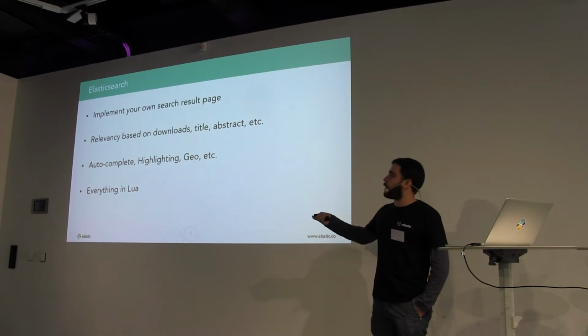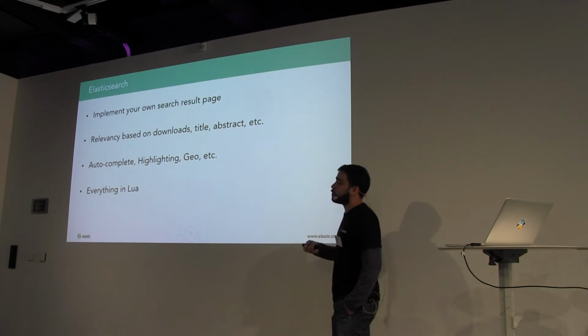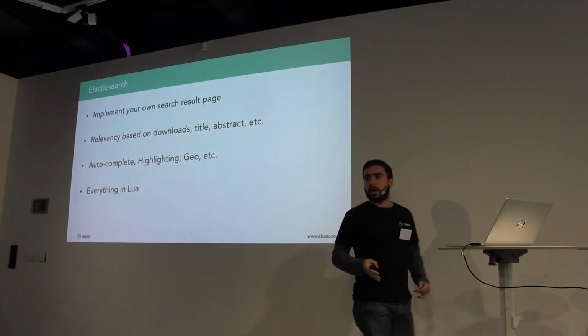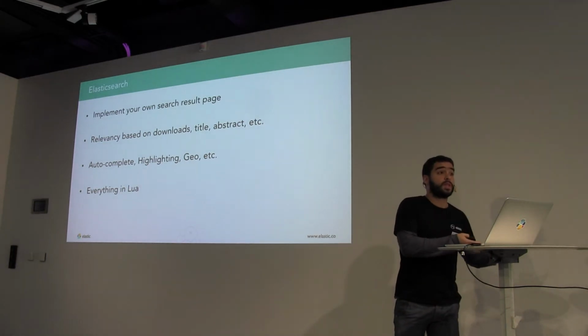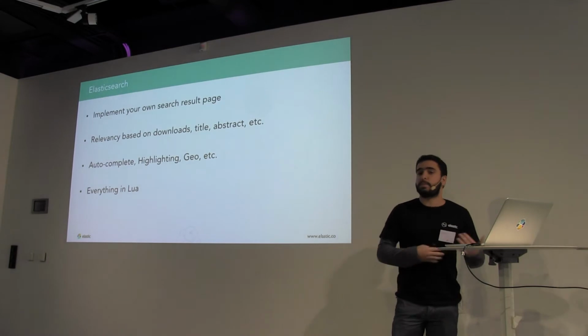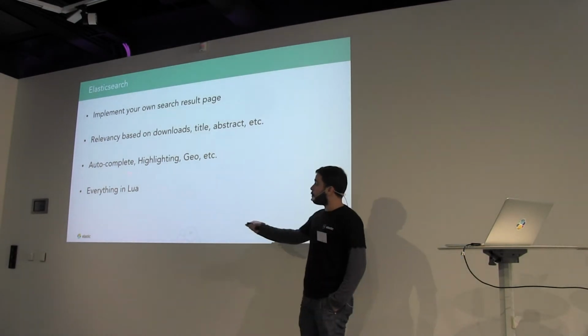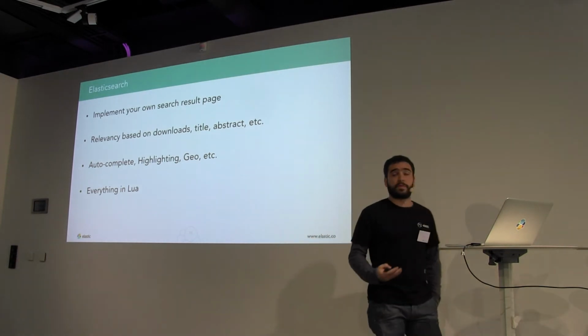You can also do autocomplete, highlighting. You can even try to use some kind of geo information to say, okay, this paper is closer to this user, maybe he's more interested in that, or the language, if it's Spanish, Portuguese, or English, things like that. And of course you can play with Lua all the time, and that's very good.